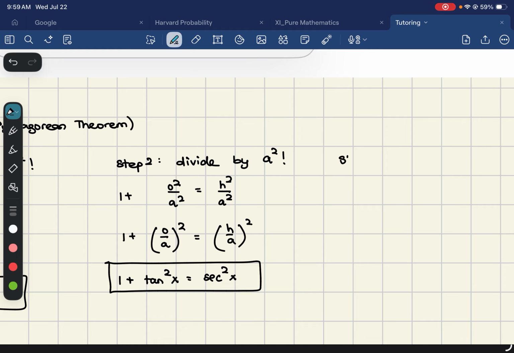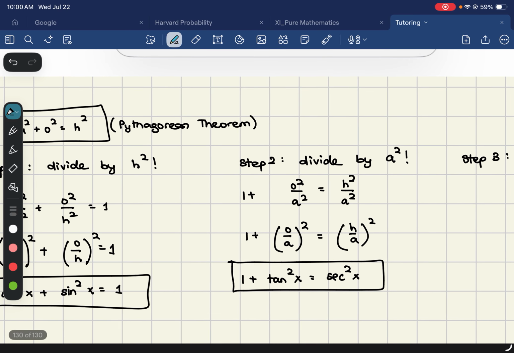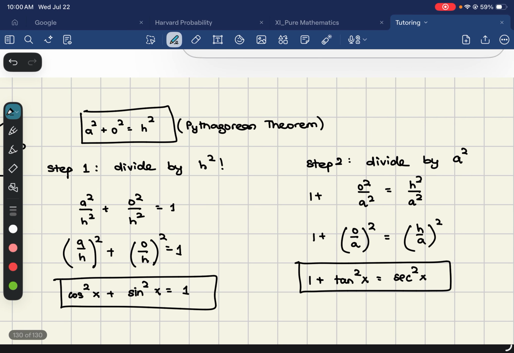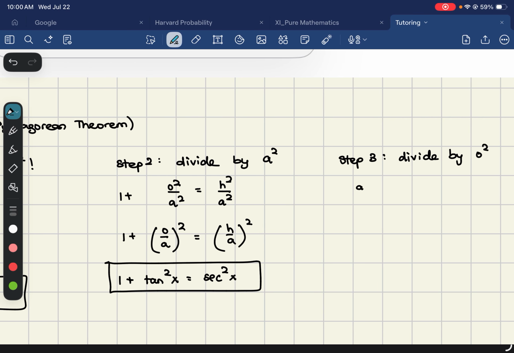And for the final identity, we divide by o squared. This is not a squared factorial, by the way, it's just a squared. So now let's divide by o squared. I get a squared over o squared plus 1 is equal to h squared over o squared.